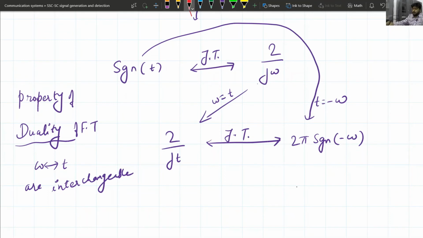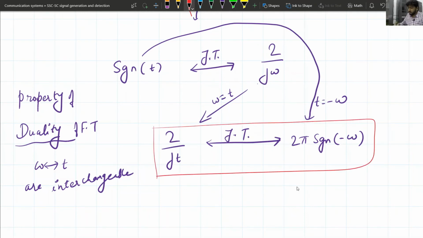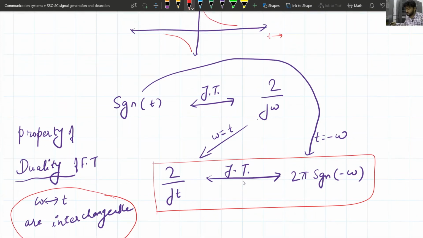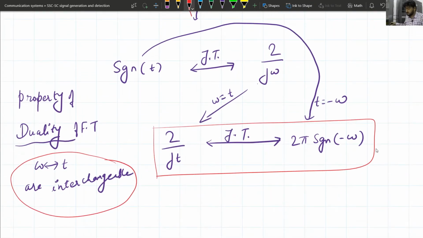This is how we obtain the Fourier transform of certain signals using the principle of duality, because omega and t are interchangeable. Please refer to the lecture on signals and systems for the same.